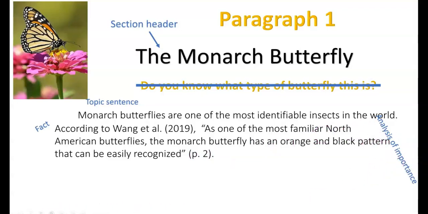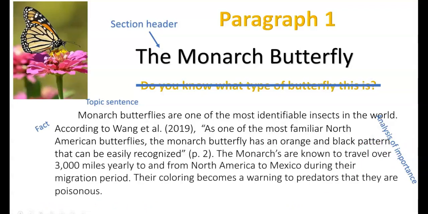Why is it important to your writing? The monarchs are known to travel over 3,000 miles yearly to and from North America to Mexico during their migration period. The coloring becomes a warning to predators that they are poisonous.